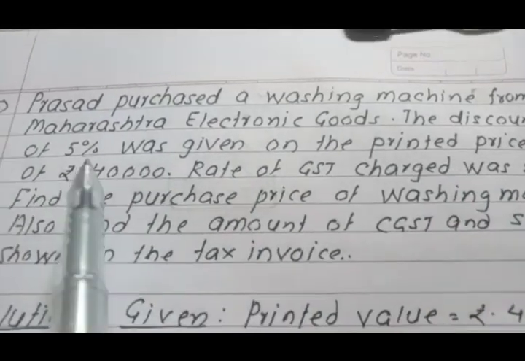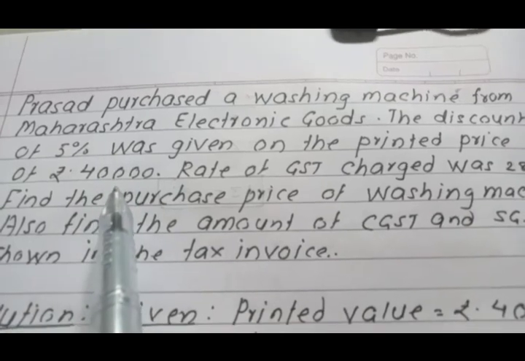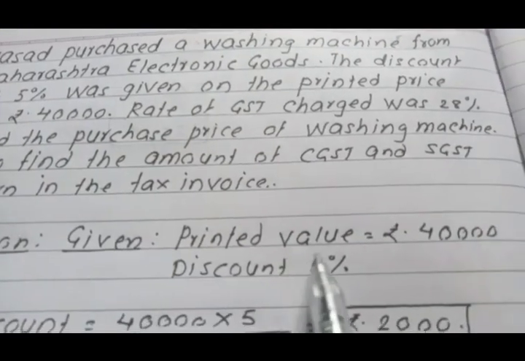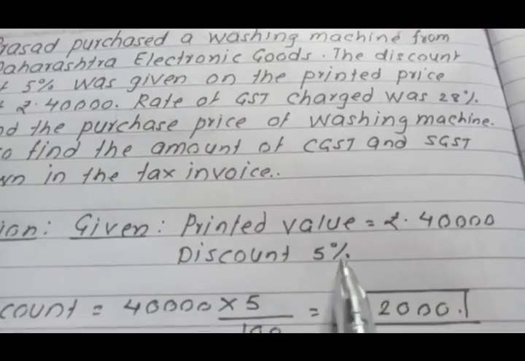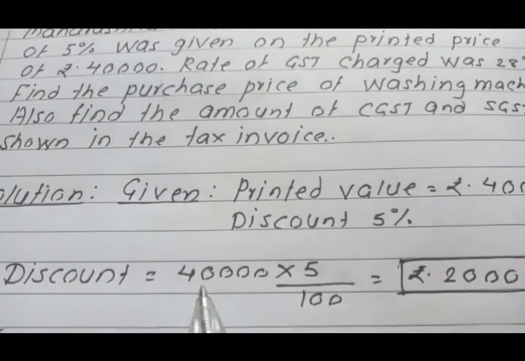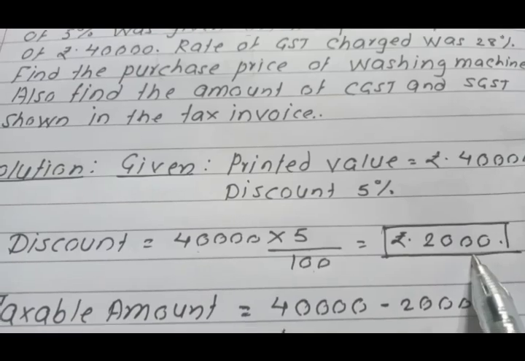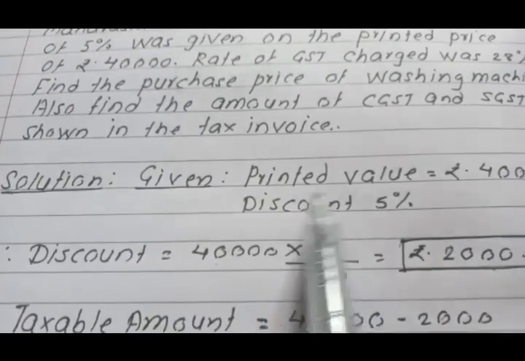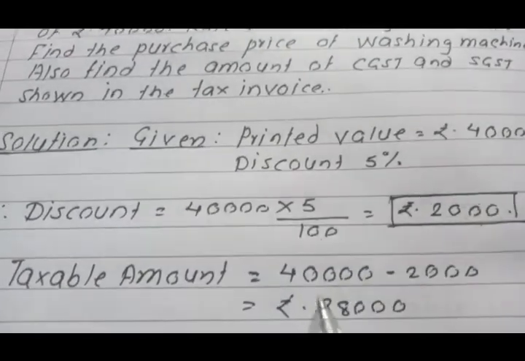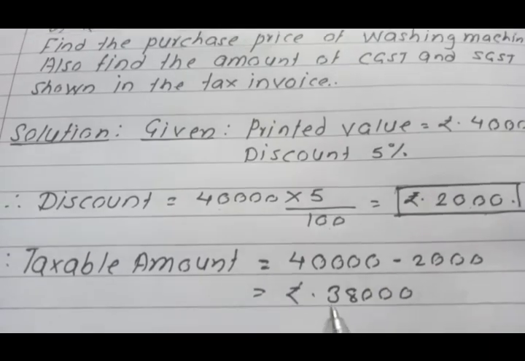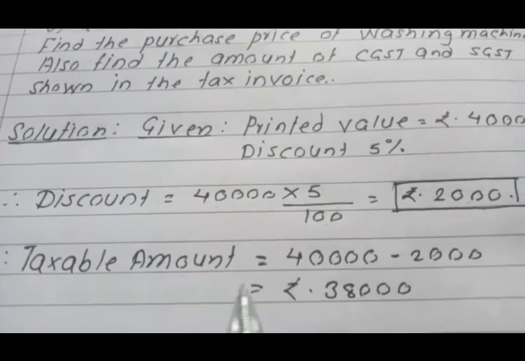Given here, discount 5% on 40,000. So first printed price value rupees 40,000, discount 5%. So discount equal to 40,000 into 5 upon 100, 0 cancel, so rupees 2,000. So taxable amount 40,000 minus 2,000, so rupees 38,000 total amount.